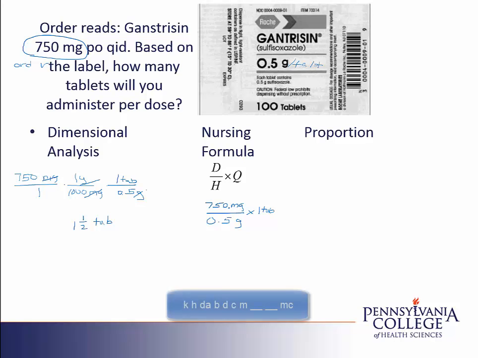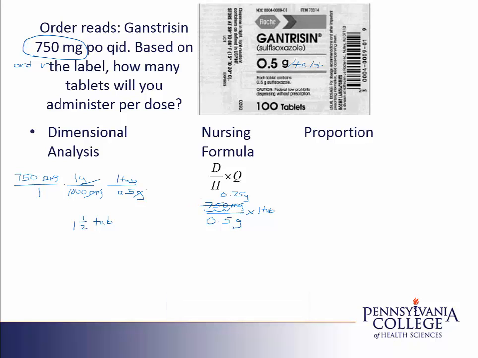I remember my metric line, so I'm picturing in my head King Henry died by drinking chocolate milk full of microorganisms. And I use that to move my decimal 3 places from milli to the base. So my new amount for the desired is 0.75 grams.